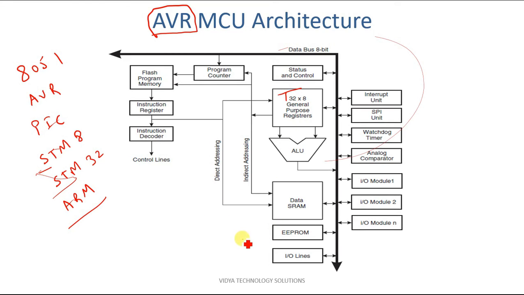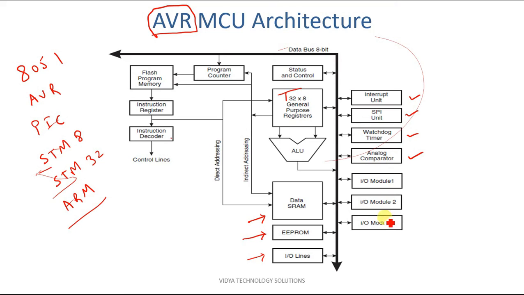AVR also has some on-chip EEPROM which is standard on all devices. Then there are IO lines, data RAM, program counter, flash memory, instruction register and instruction decoder. Apart from that, there are some features on AVR series controllers like interrupt unit, SPI unit, watchdog timer and analog comparator.